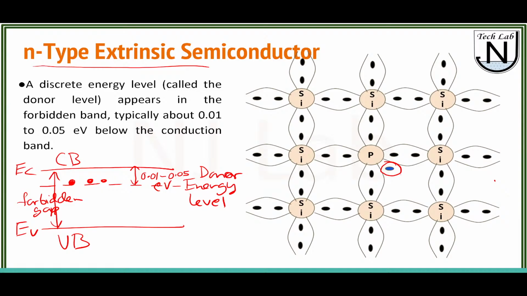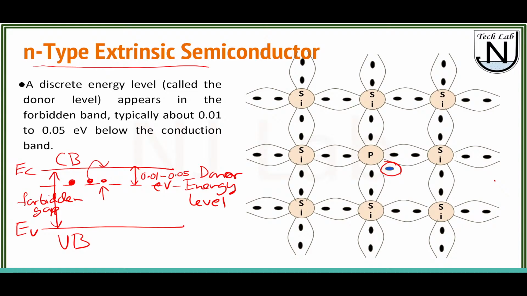So it means these electrons which are present over here just need 0.01 to 0.05 electron volt energy, and just by getting this amount of energy, they will simply be able to jump to the conduction band and can establish the current, right?